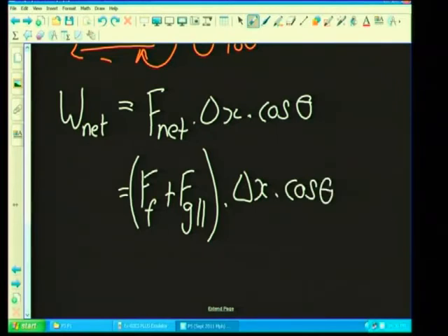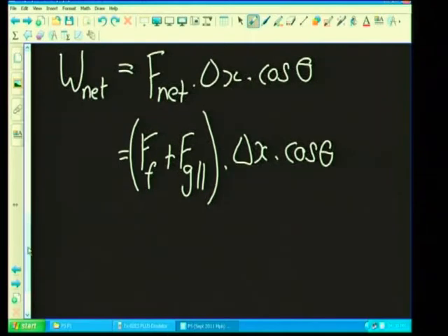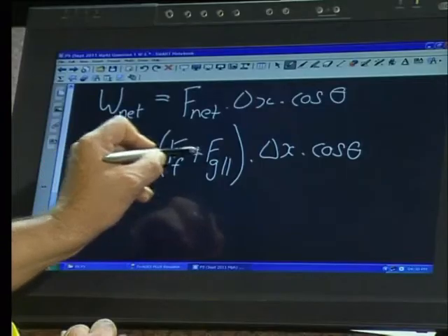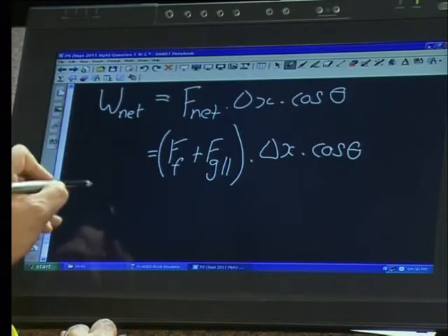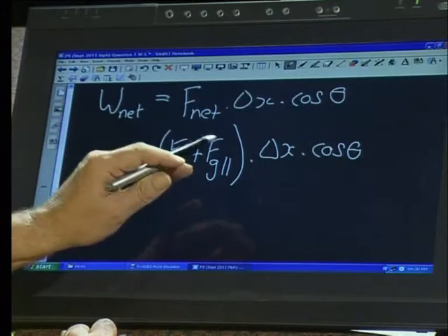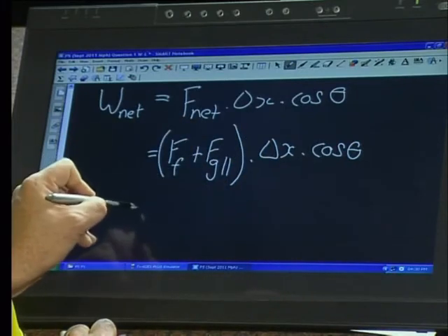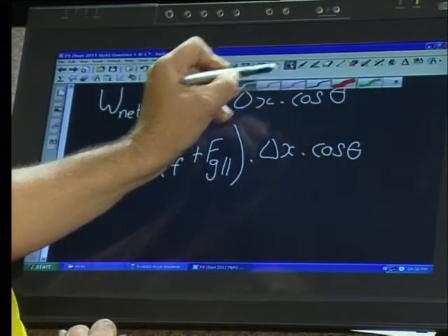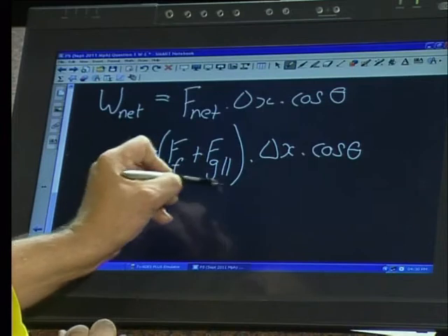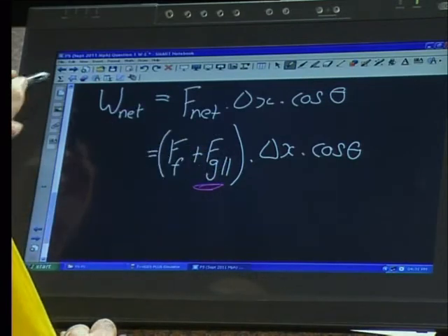Now, some of you might say we could have done it another way. Yes, you could have. You could have said W net is the force of friction, and I think that's what Malaji's asking. We'll come back to that arrangement of formulae. But here, this will make it really easy. First of all we need to work out what this thing is: what is this F g parallel?